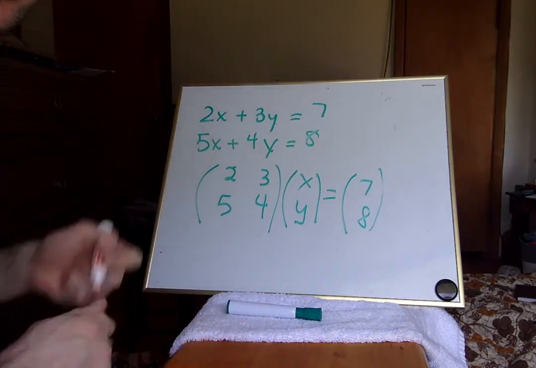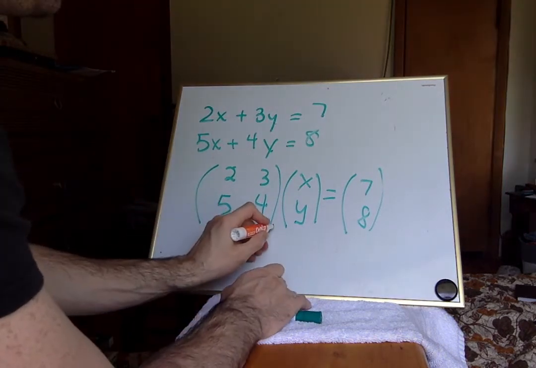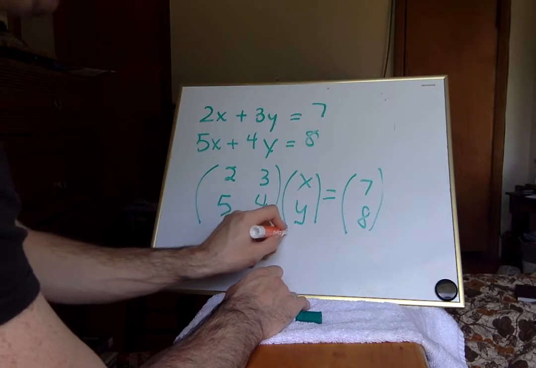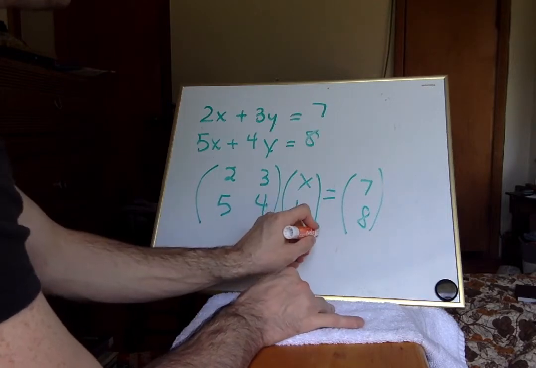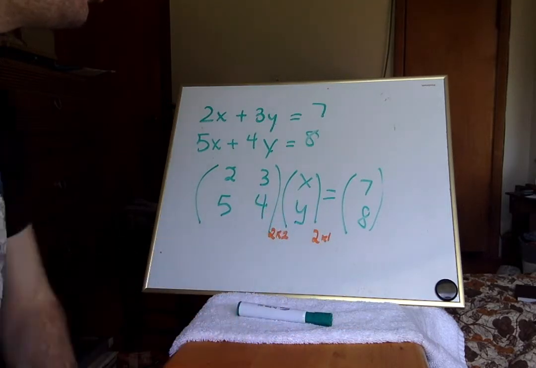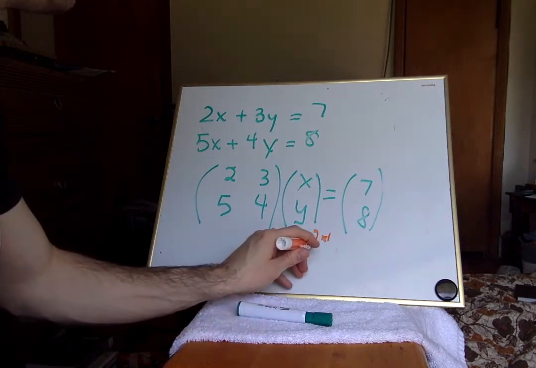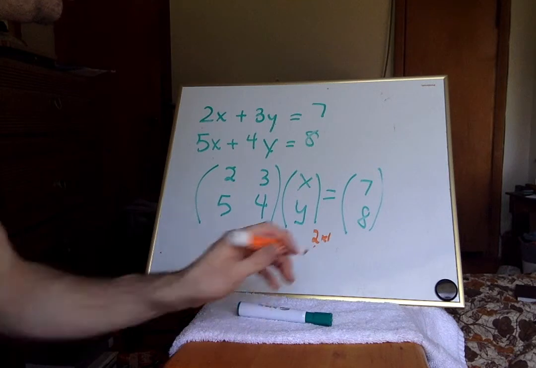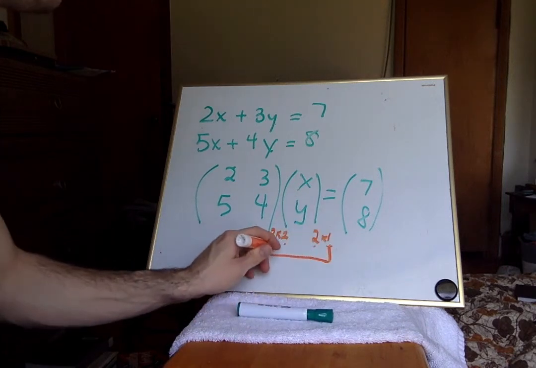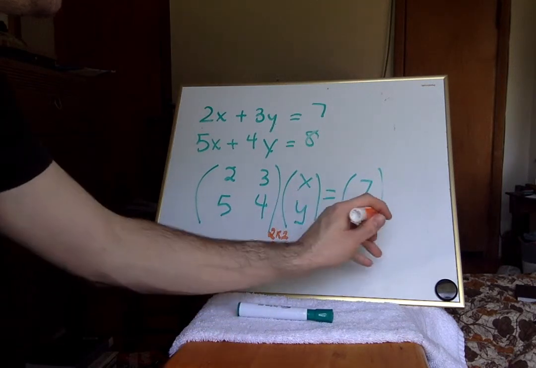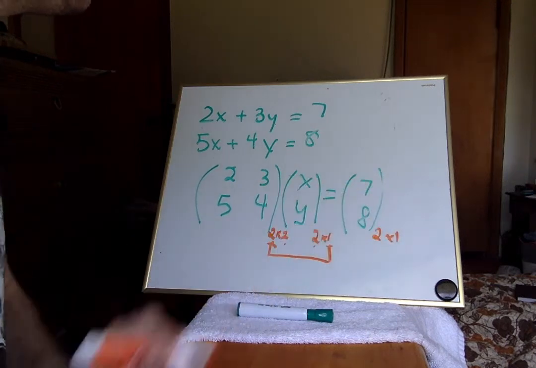Because from our lecture 2 days ago, if I have a 2 by 2 matrix and a 2 by 1 matrix, the new matrix should be 2 by 1, right? Because the inner dimensions match, and so the new dimensions are on the outside. Well, indeed, this is a 2 by 1.